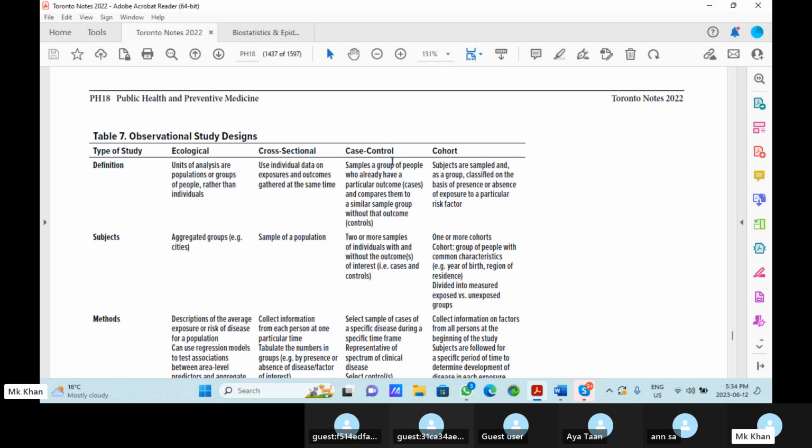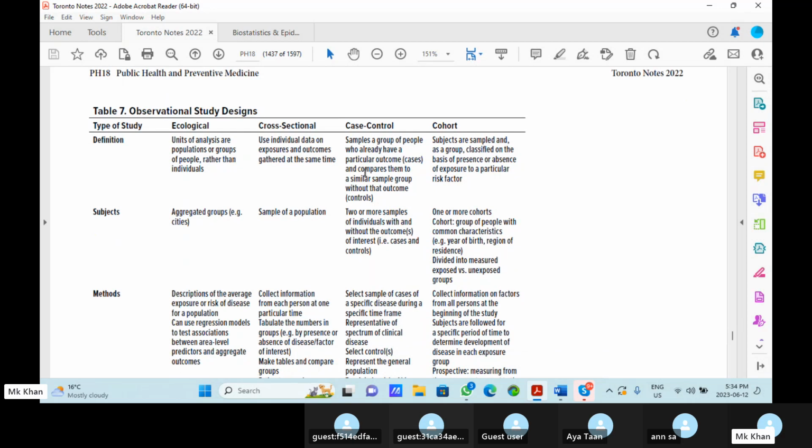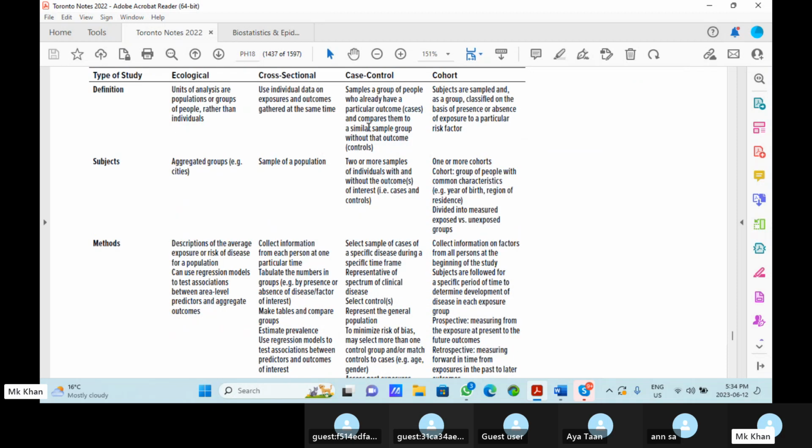And in the case control, as we have already studied, we are checking the patients with the disease and without the disease, and then going back and checking the risk factors. So we take a sample of a group of people who already have a particular outcome, we know they have the disease, and compare them to a similar group without the outcome, that is the control group. Case are those that have the disease, control those that don't. So we already know who has the disease or not.